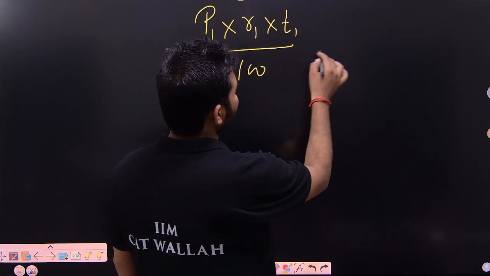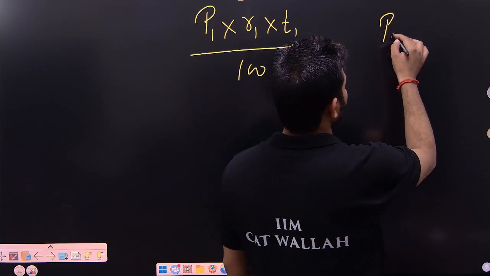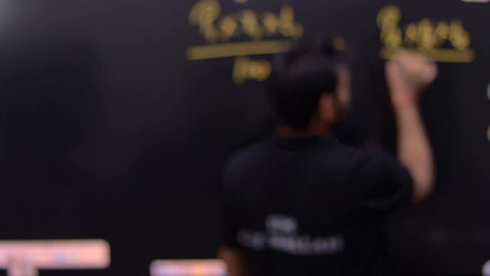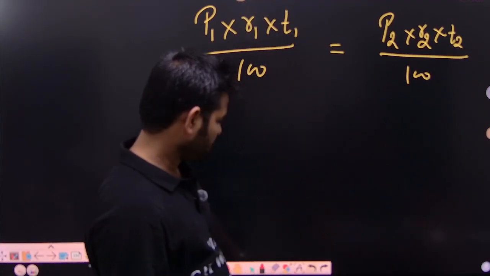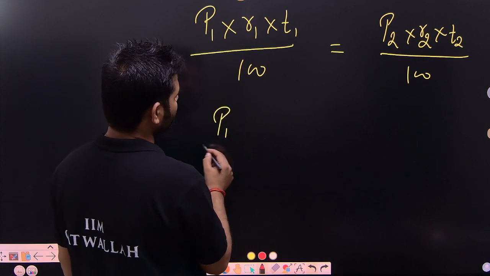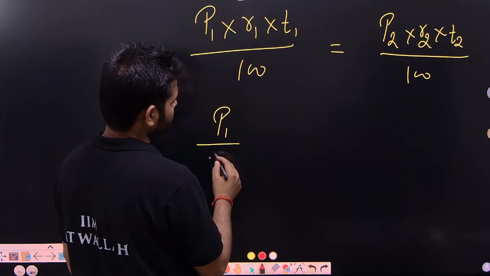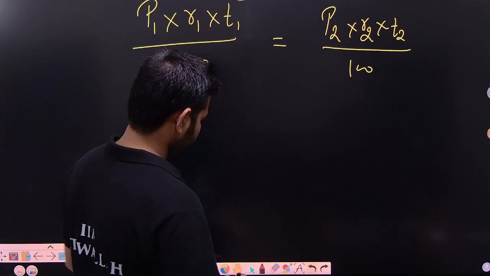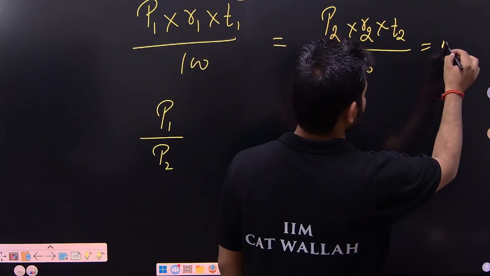And the second part we give at R2 rate of interest for T2 years. That means from here we can say, guys, P1 upon P2, suppose this value is equal to a fixed number, and this number, suppose, is m.